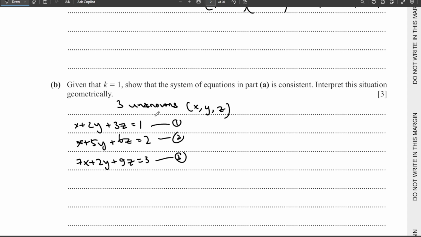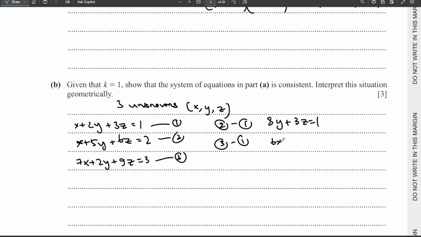We need to try and find how many linearly independent equations there are. So we're going to do some elimination here. First, we can take the second equation minus the first equation, and you should be able to get 3y plus 3z equals 1. We can also take the third equation minus the first equation, eliminating the y there.